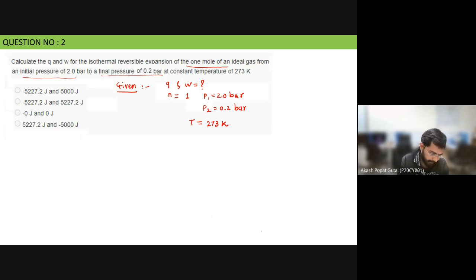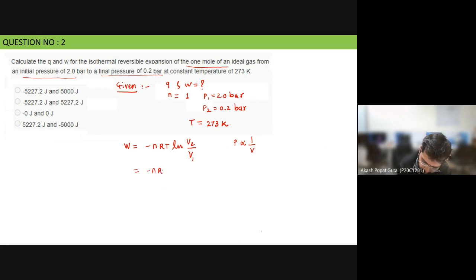Right? So we know that for isothermal reversible expansion, W is minus nRT ln V2 by V1. But the pressure is given, and we know for an ideal gas, pressure is inversely proportional to the volume.